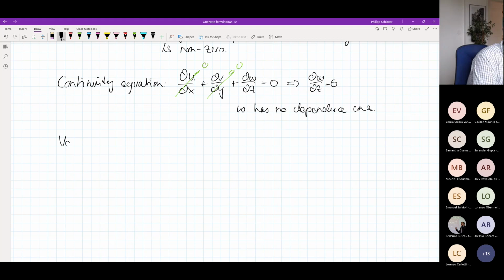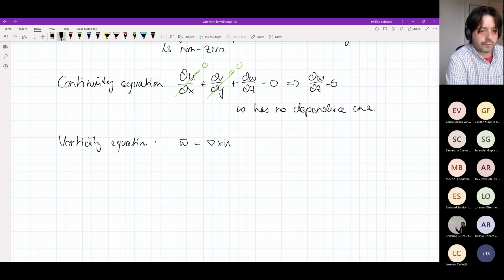Now, the next step would be to look at the vorticity equation, as we said in the beginning. The vorticity, as we defined it, is nabla cross u, so the curl of the velocity.